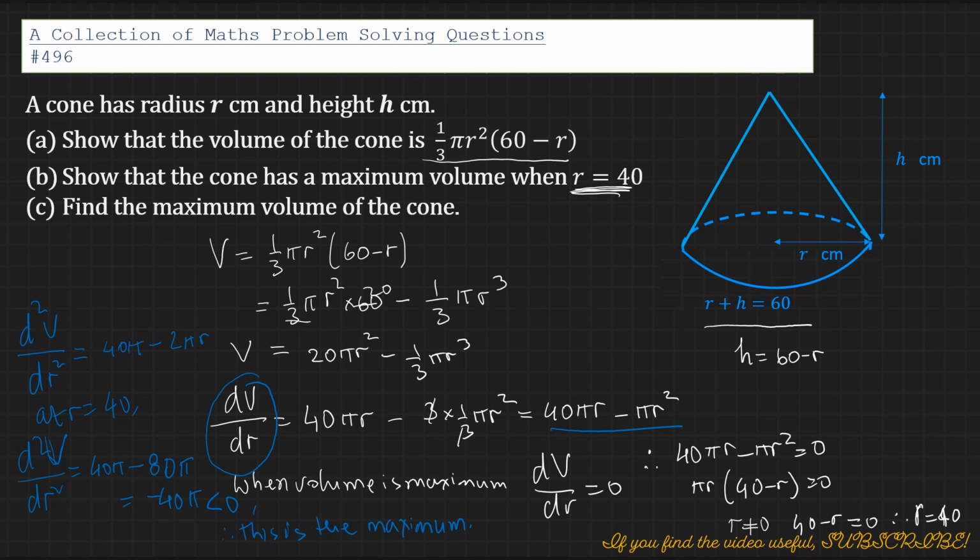The maximum volume is attained at r is 40 because the second derivative is less than 0. So we have shown that the cone has a maximum volume when r equals 40.